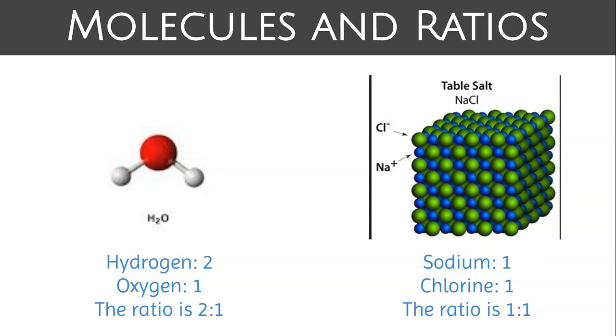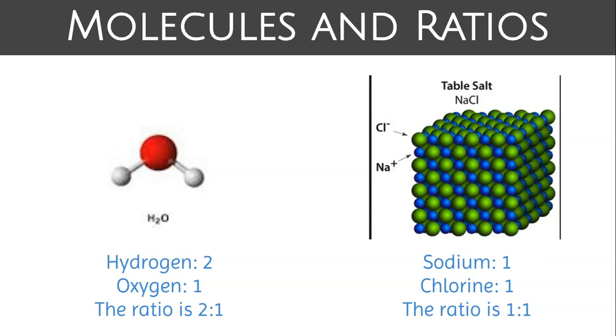The important thing that we need to know is that for every 2 hydrogen atoms in a glass of water, we have 1 oxygen atom, right? The H2O. That's the ratio. Now, if we look at the model on the right for sodium chloride, which we said is a crystal-like structure, it looks kind of overwhelming because there's a lot of green and blue balls in the model there.